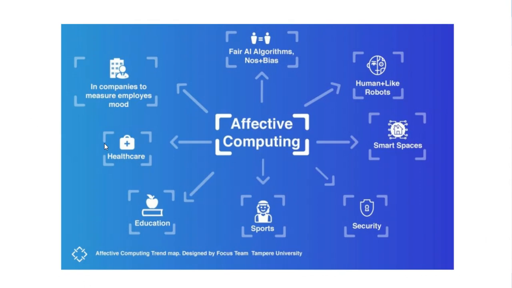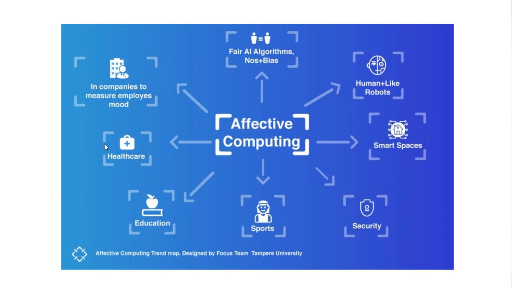When it comes to research areas, there are so many use cases. This is an example from a university in Finland, Tampere. These are the areas of focus for them in affective computing. There's also the ethical side of things, aside from just building solutions. In sports, in human-like robots, in education, in healthcare, in meetings and events, we can detect certain things.